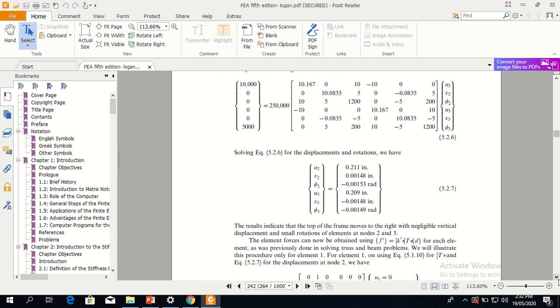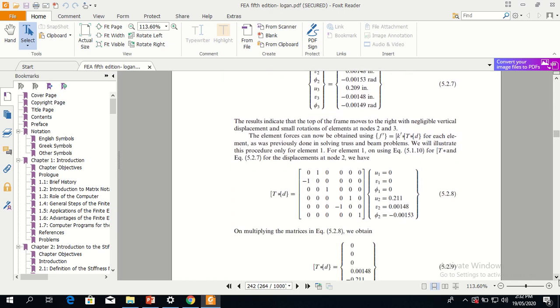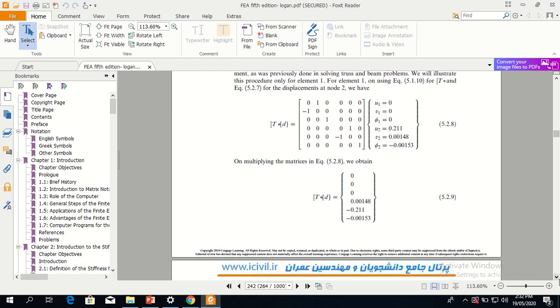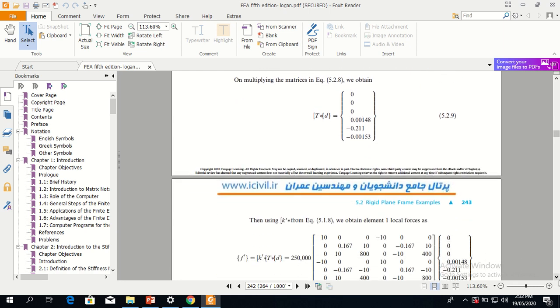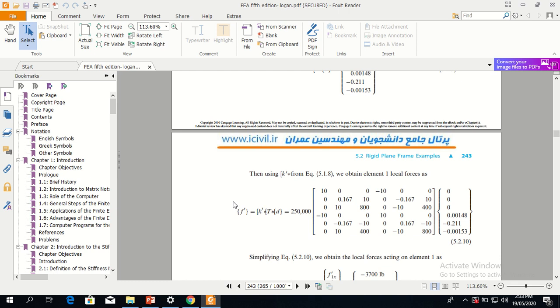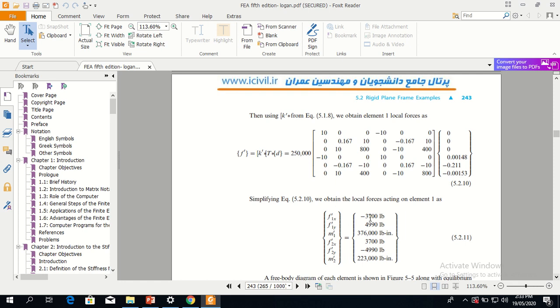After that, we can also find elemental forces, as calculated here. This is the expression that is used for elemental forces. This is the forces acting at element 1.